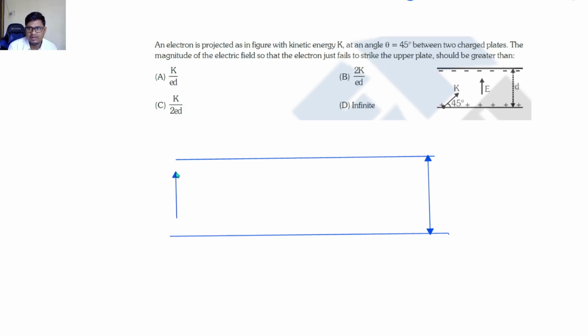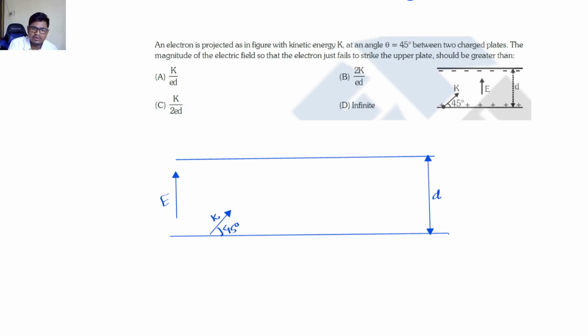The electron is projected at an angle of 45 degrees from here with kinetic energy of K.